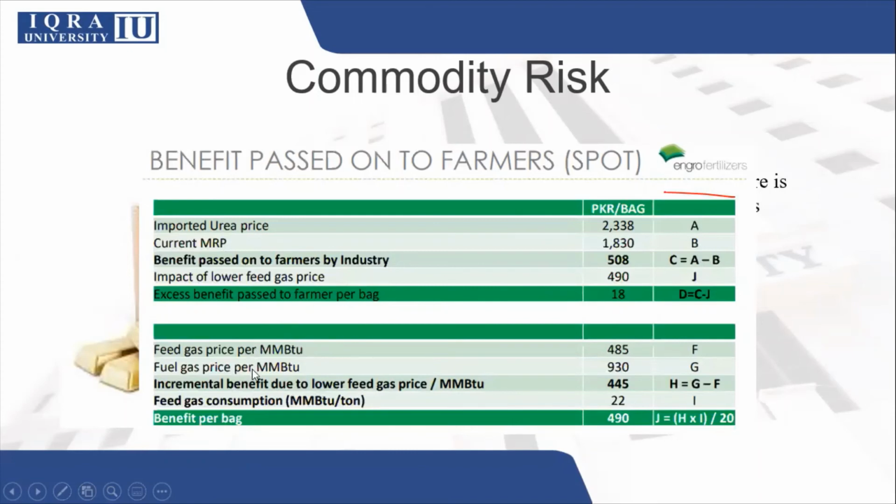Similarly, even below, you can see that the feed gas price and the fuel gas price all have an impact on the benefit that will be given on one bag of urea. So commodity risk is going to be there for any sort of business because mostly all businesses require one or the other form of a raw material.